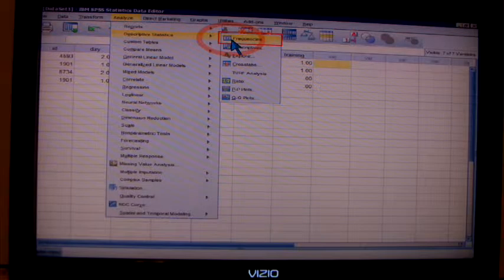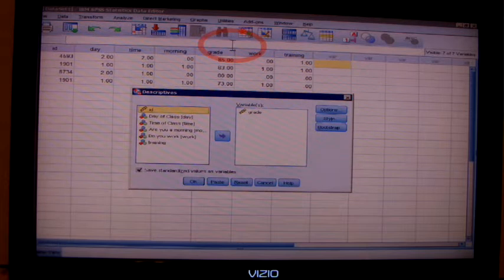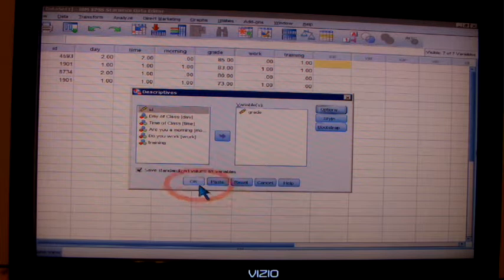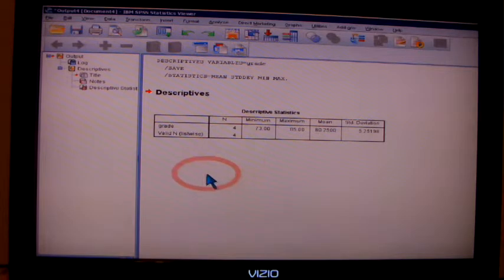Descriptives and descriptives, right? And we have the grade, and let's make sure we have the options still checked. Mean, standard deviation, minimum, maximum, yes. Variable list, yes. Continue. Then click OK. Oh, look at that. That's the same as what's listed on page 26.